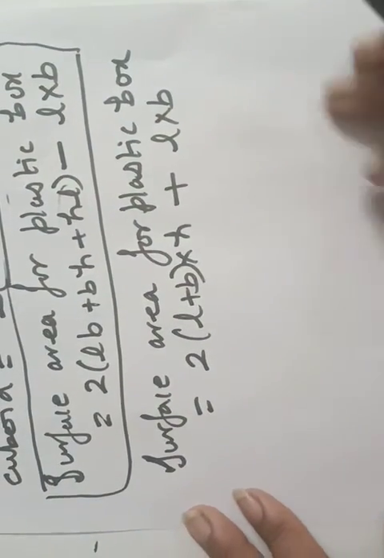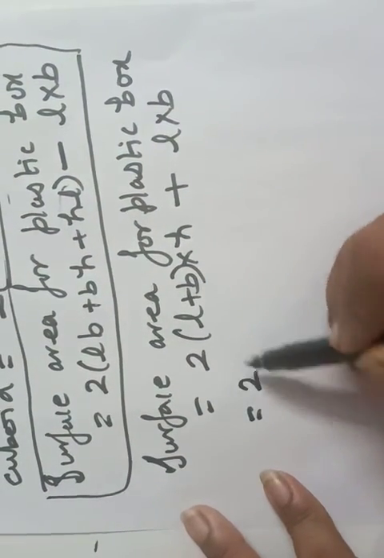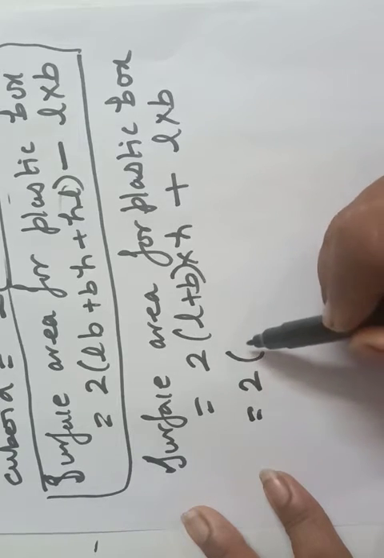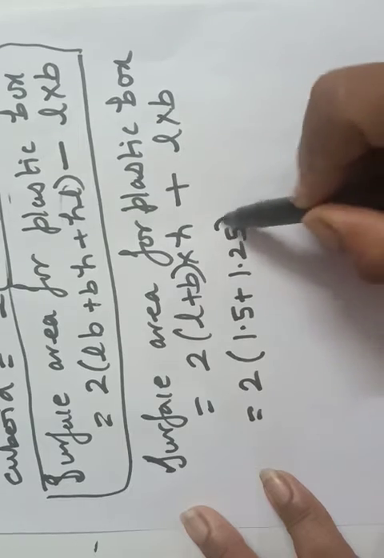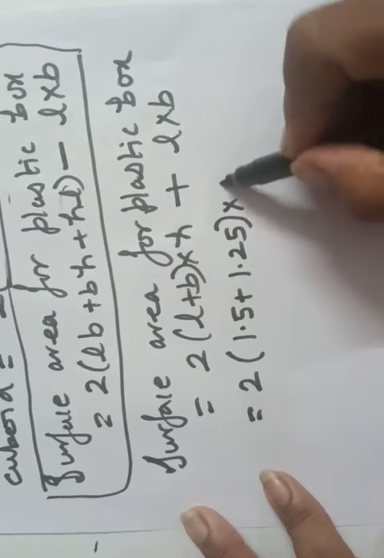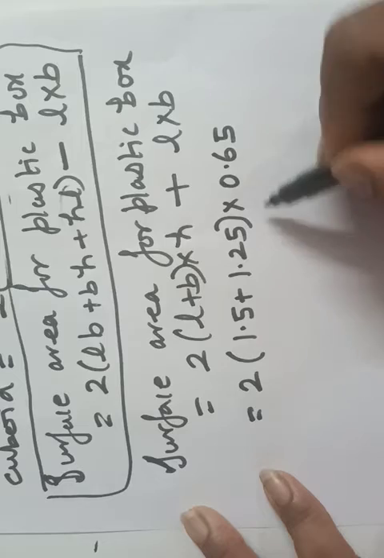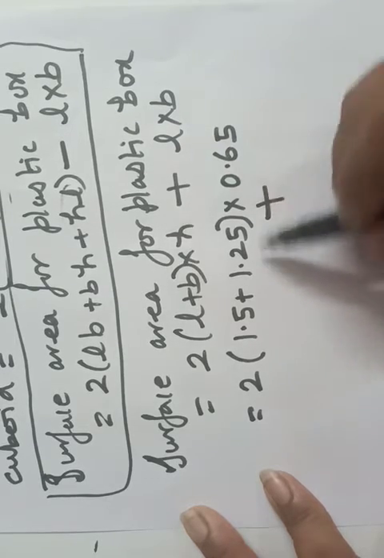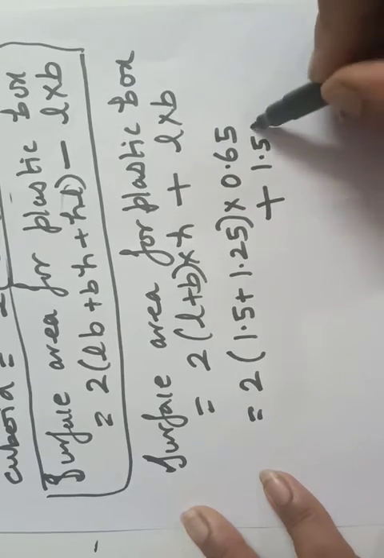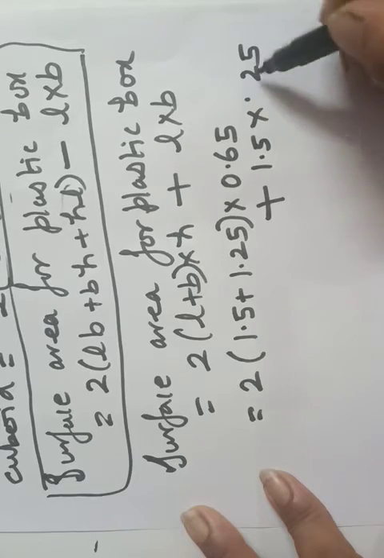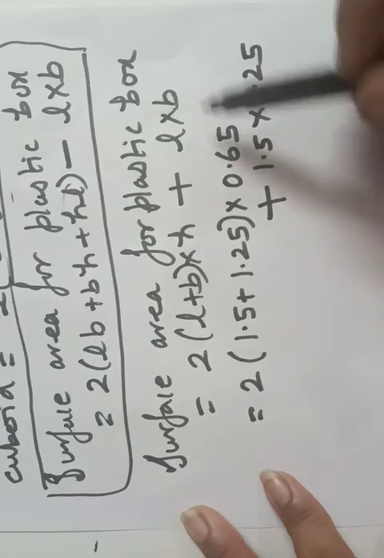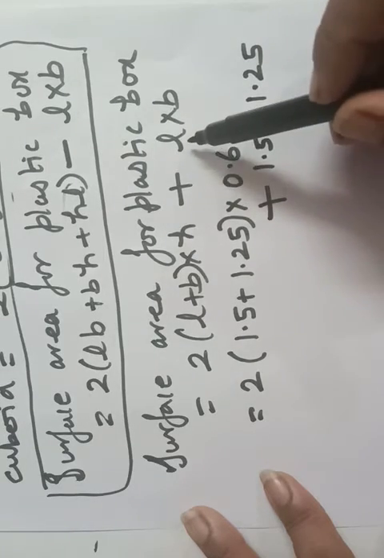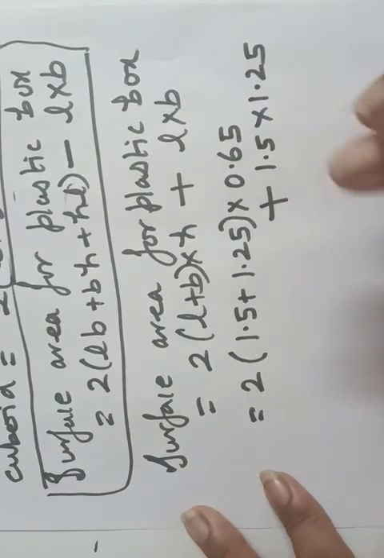Now let's put the values. It will be twice of L, which is 1.5, plus breadth, 1.25, into height, 0.65, plus L again, 1.5 into 1.25. Now we have put the values in the formula, and we have to calculate.